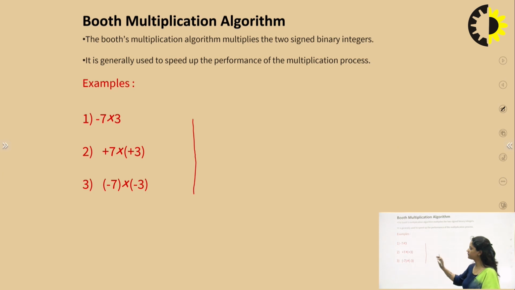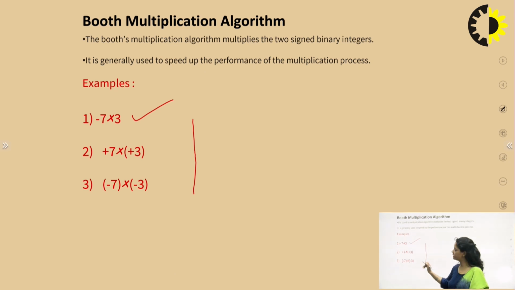First case is where one number is negative and one number is positive, that is -7 and 3. The next example is when both the numbers have positive signs. And the third example is when both the multiplier and the multiplicand have the negative sign.